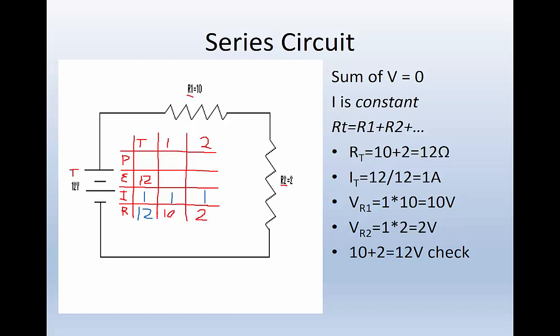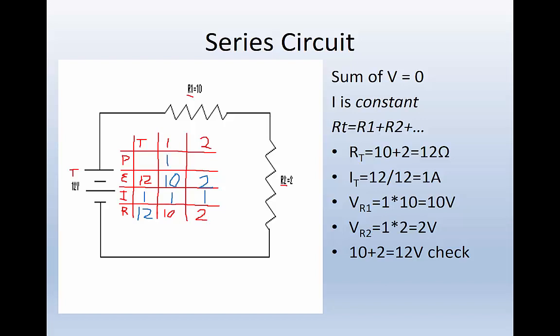We can now go back up. I want to solve for this voltage. I'm going up in my chart, so I take 10 times 1. That gives me 10. 1 times 2 gives me 2. And here's the nice thing about this chart. It lets us check ourselves. I know voltage should be a sum, so 10 plus 2 gives me 12. We did that right. If we want to go up and do our power, it's the same thing.